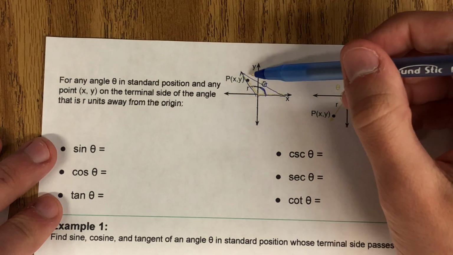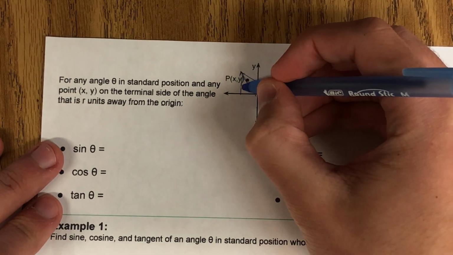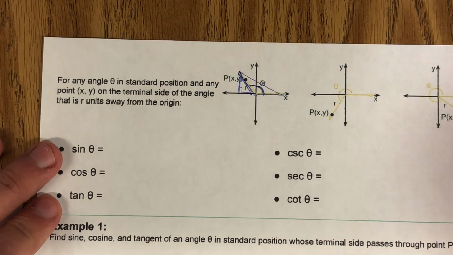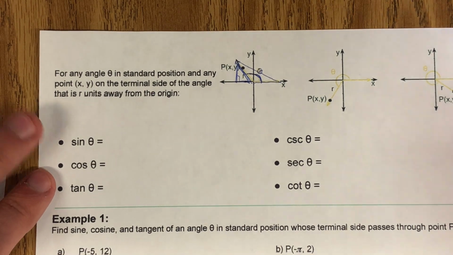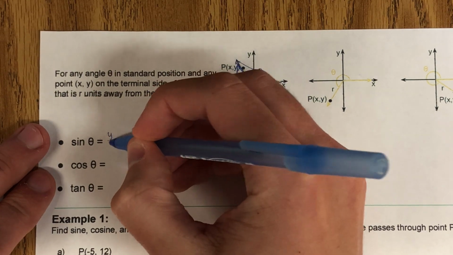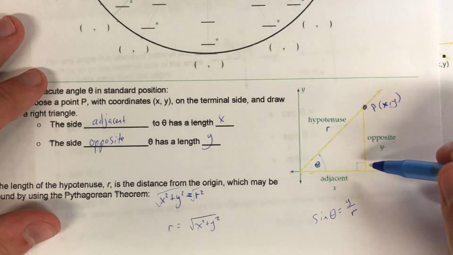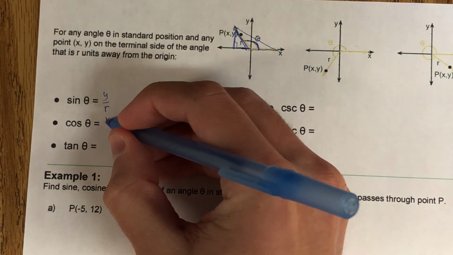This isn't a right triangle here, so technically we'll be using this triangle over here. But the way that we find these values is still the same. It's still opposite over hypotenuse for sine, so y over r, and adjacent over hypotenuse for cosine, so x over r.